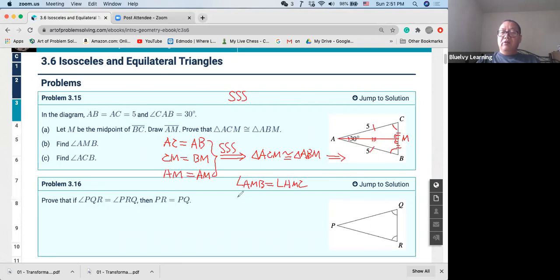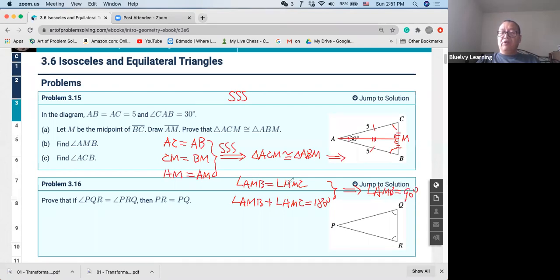Then we also know angle AMB plus angle AMC equals 180 degrees, right? Because BC is a straight line.